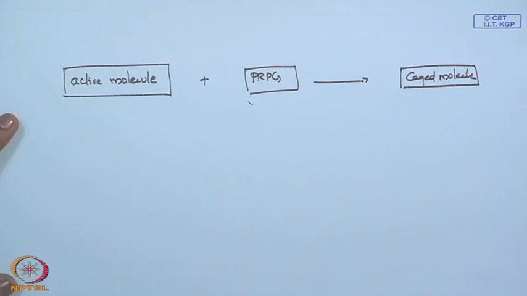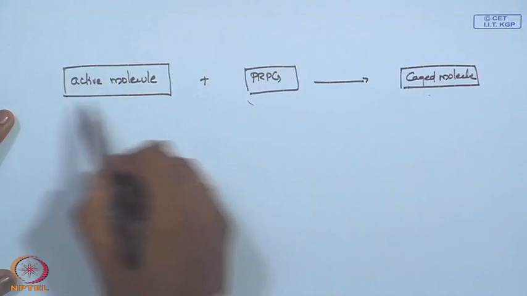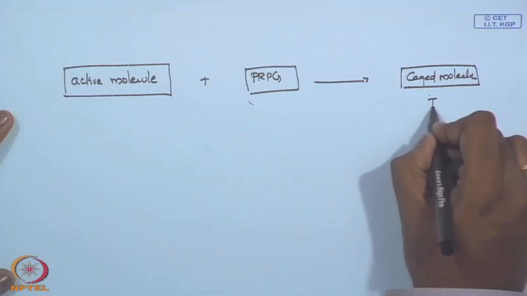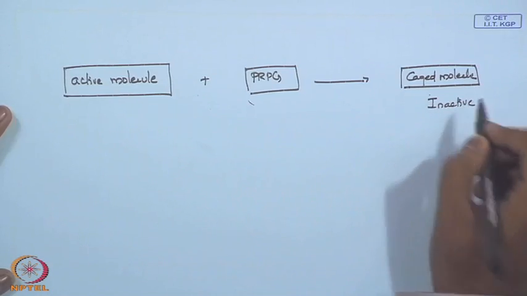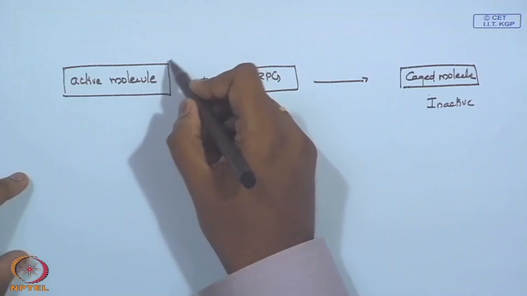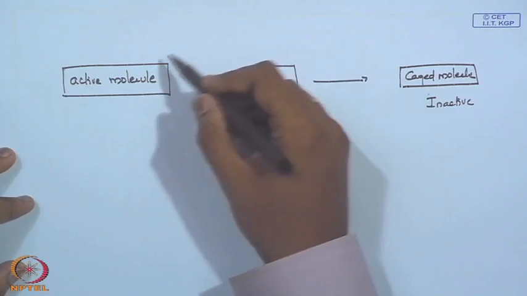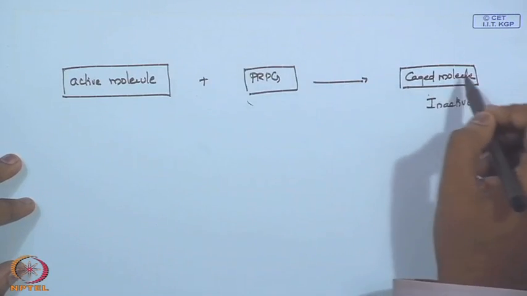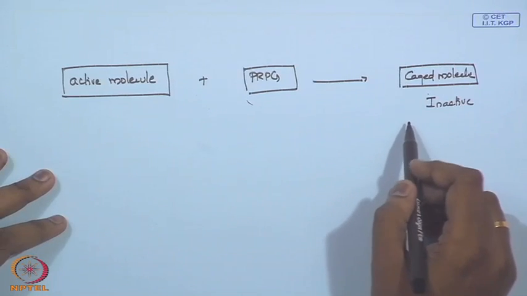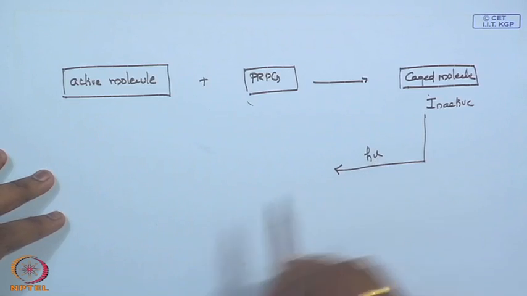The important point of this caged molecule is that the activity of the drug will be lost, that is, the molecule will be inactive. You should attach your protecting group in such a way that, for example, if the OH of your molecule is necessary for its activity, then you attach your photo removal protecting group to that OH, so that the caged molecule becomes inactive. Now, after this, you shine the light externally.